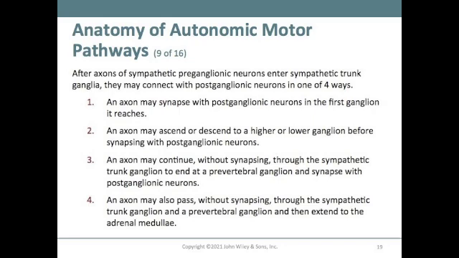Three, an axon may continue without synapsing through the sympathetic trunk to the prevertebral ganglion and synapse with postganglionic neurons. Four, an axon may also pass without synapsing through the sympathetic trunk ganglion and the prevertebral ganglion and then extend to the adrenal medulla.